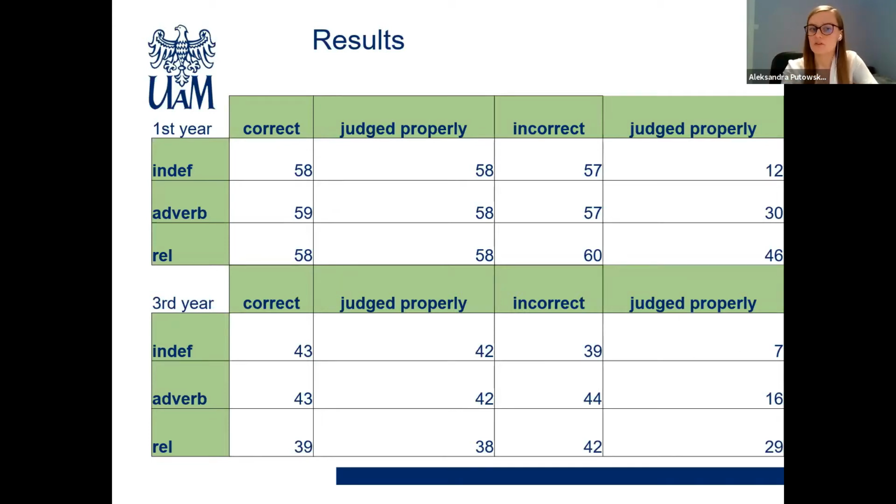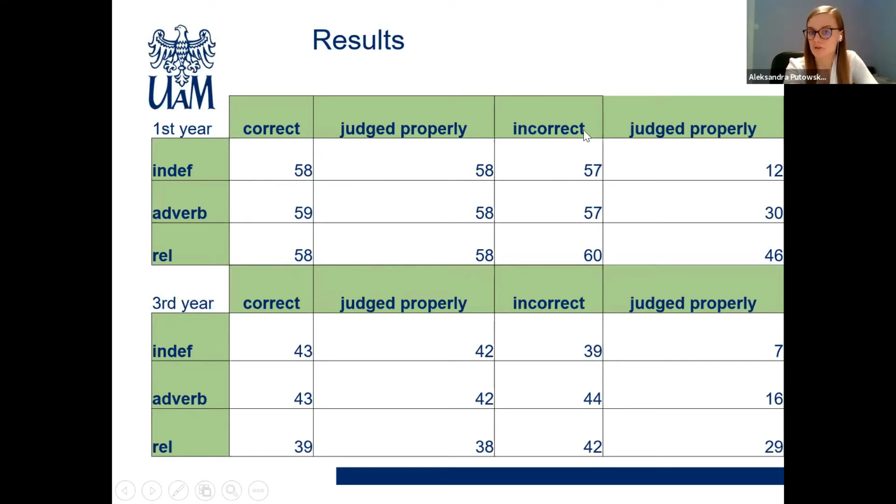Concerning the investigated structure indefinite article, there were 58 correct sentences included in the study, and all of them were judged properly by the participants. This is also the case for adverbs and relative clauses. All or almost all correct sentences were judged properly.